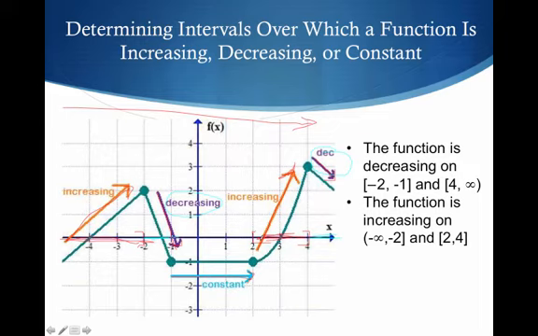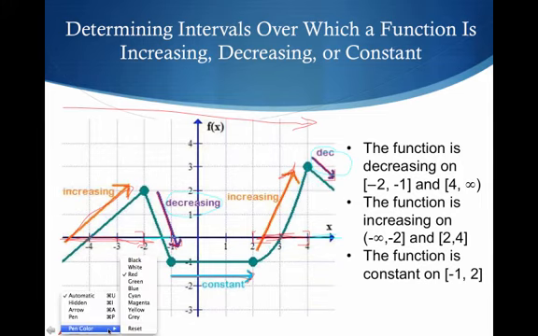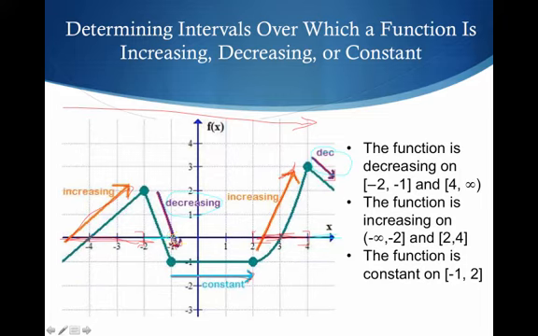And then lastly, what's the domain intervals where I'm constant? Let me change my color so it doesn't get confusing, -1 to 2, brackets on the -1 and 2. That's the domain intervals where I'm constant.